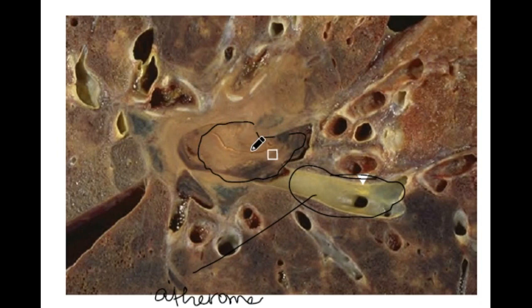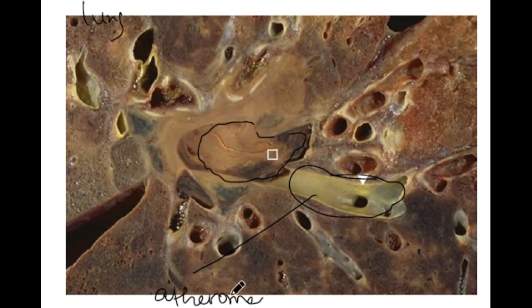Aspergillus is a fungus which has more propensity for thrombus formation. This is the specimen of lung which is showing the many alveoli here, but here in this vessel, because of this aspergillosis fungus, there is formation of thrombi and emboli.